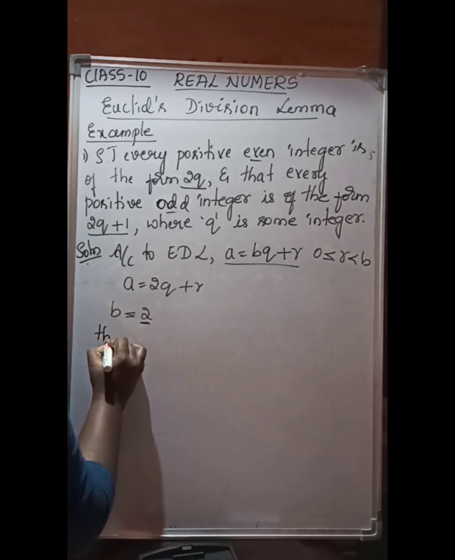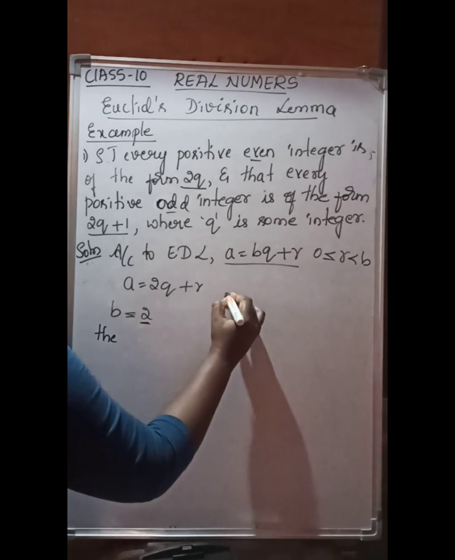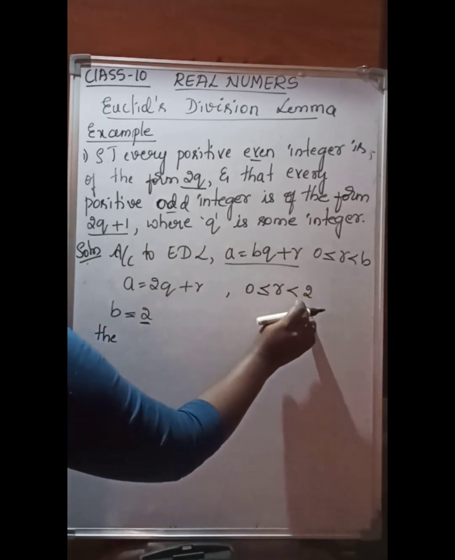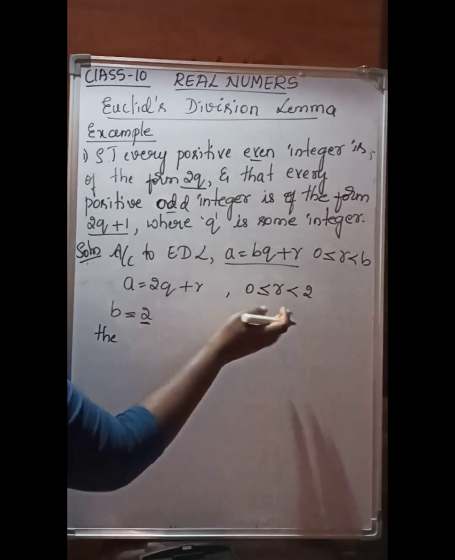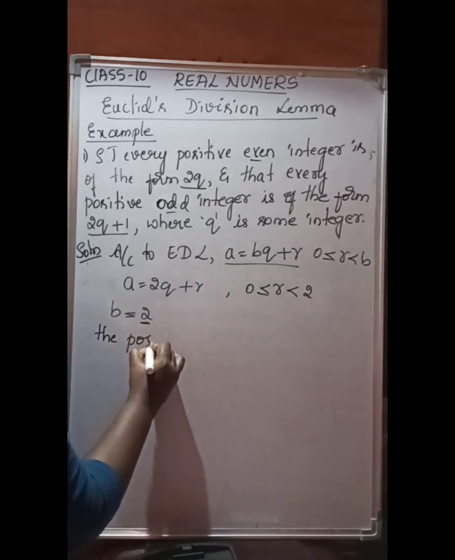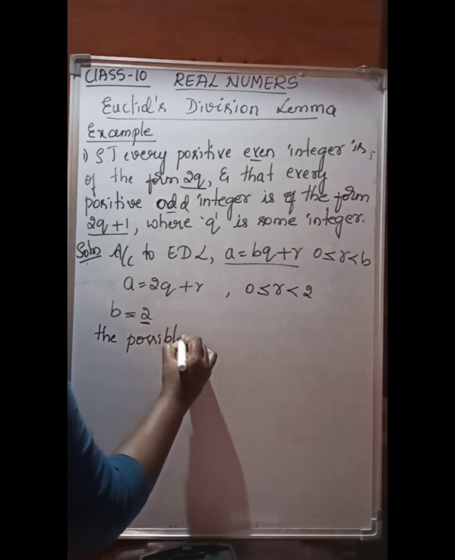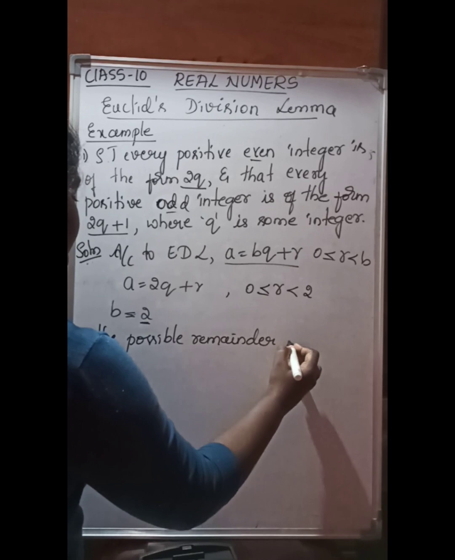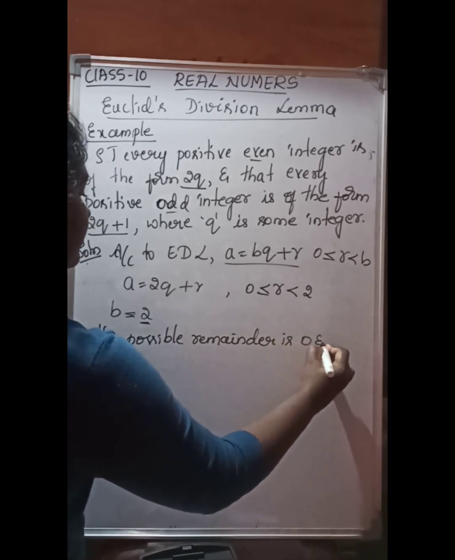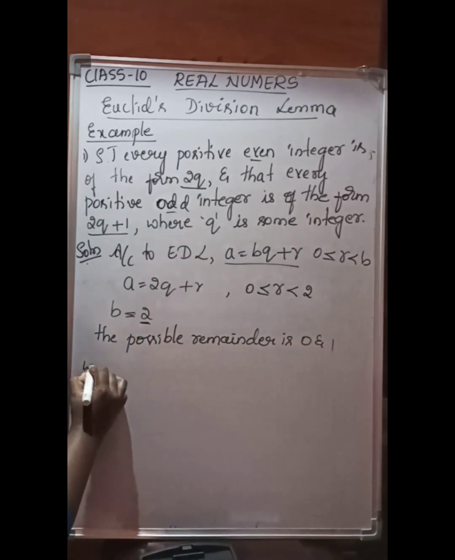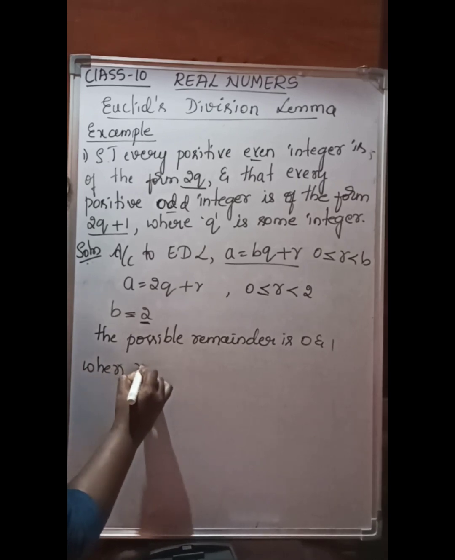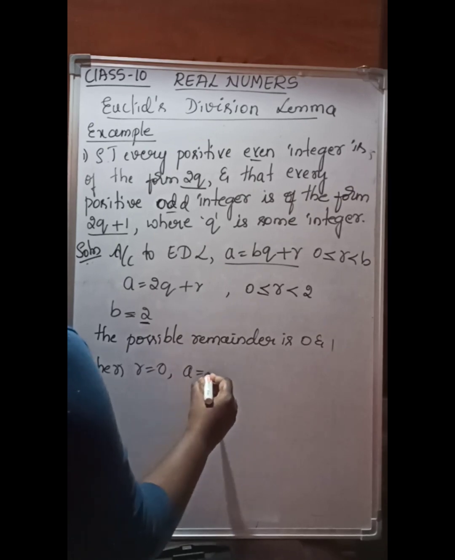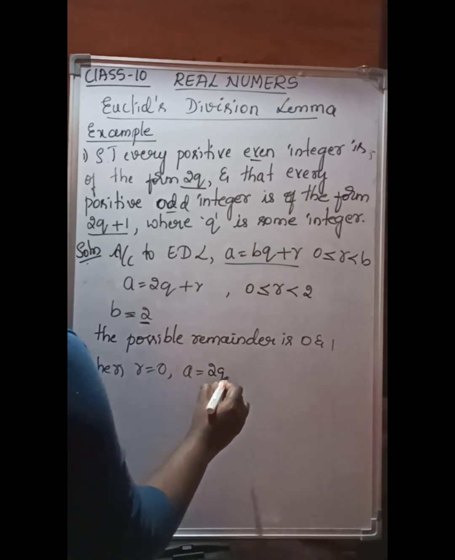The possible remainder for r: this r is greater than or equal to 0 and less than 2, which means it should be either 0 or 1. So when r equals 0, the statement will be the positive even integer, right?